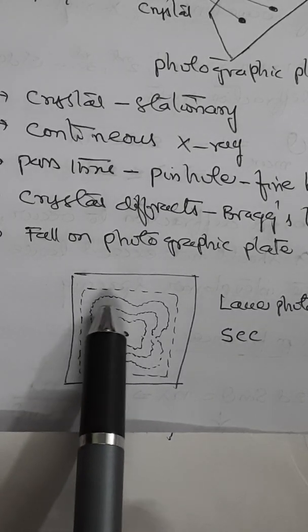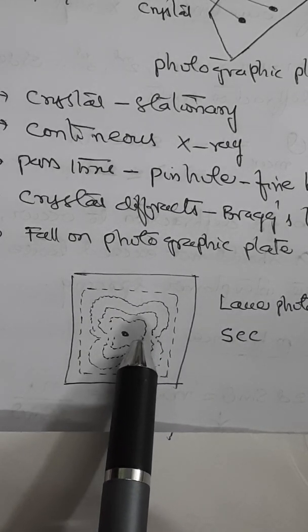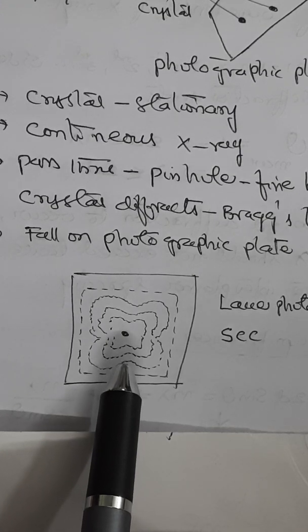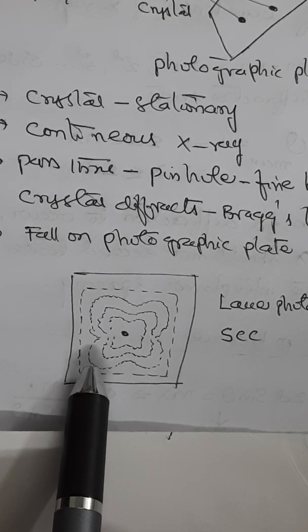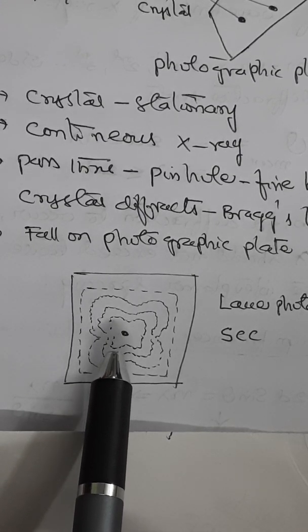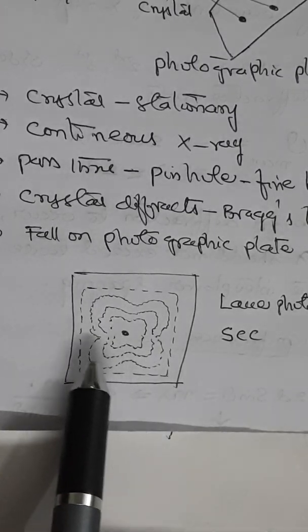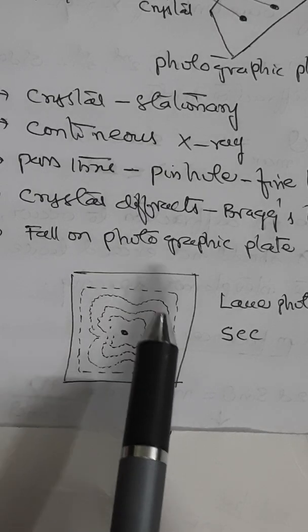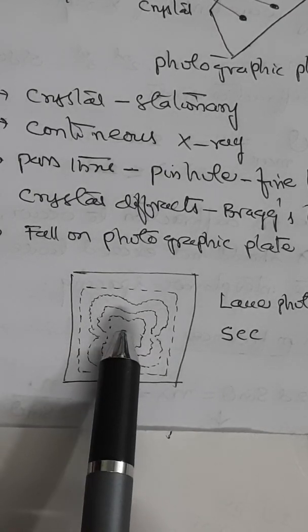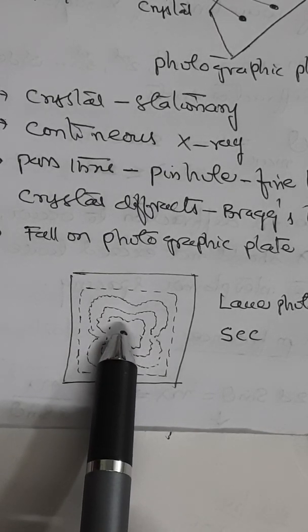So the distribution of spots depends on the symmetry of the crystal and its orientation with respect to the X-ray beam. So for a simple cubic crystal, the photograph looks like this. This is how we get the crystal structure image, with the center spot appearing like this.